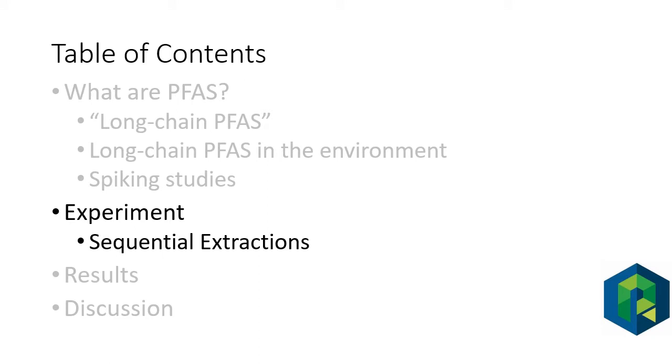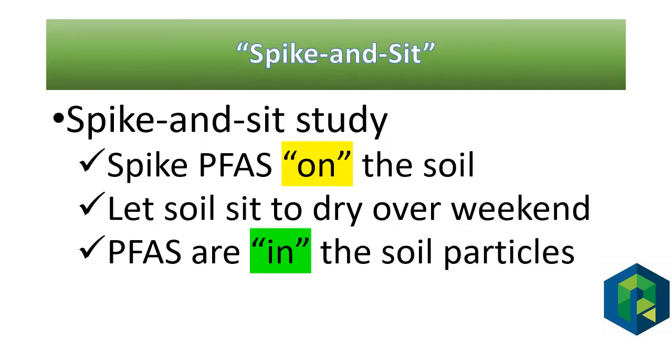So let's talk about some experiments we devised to explore these possibilities and to try and extract long-chain PFAS from soils more consistently at high yields. So the first thing would be to sort of reimagine the spiking study. So you're talking about a spike and sit study rather than simply just spike and go.